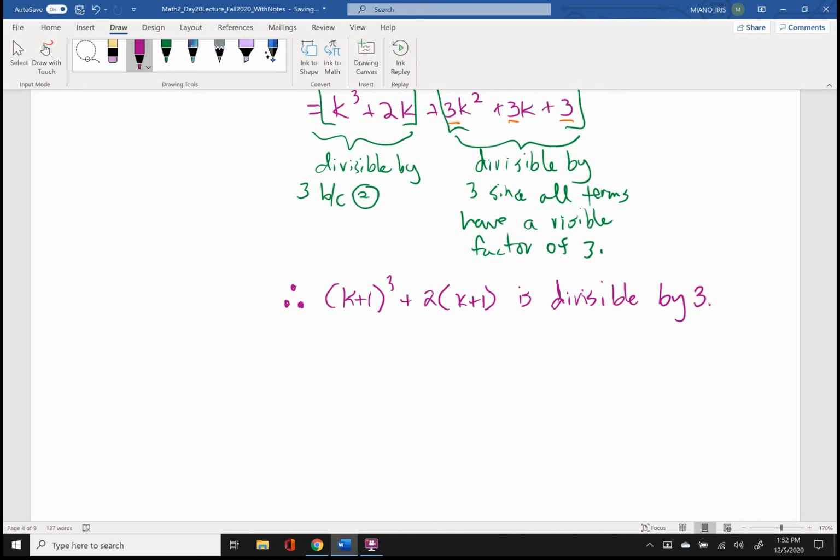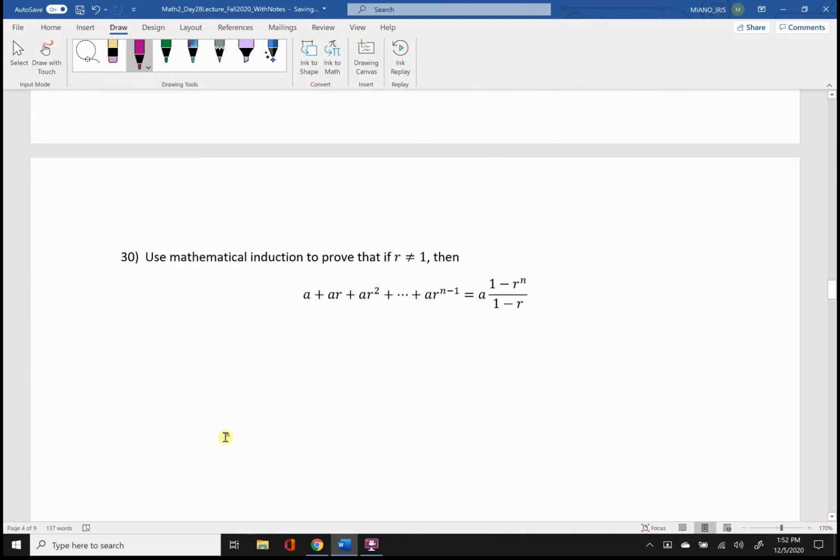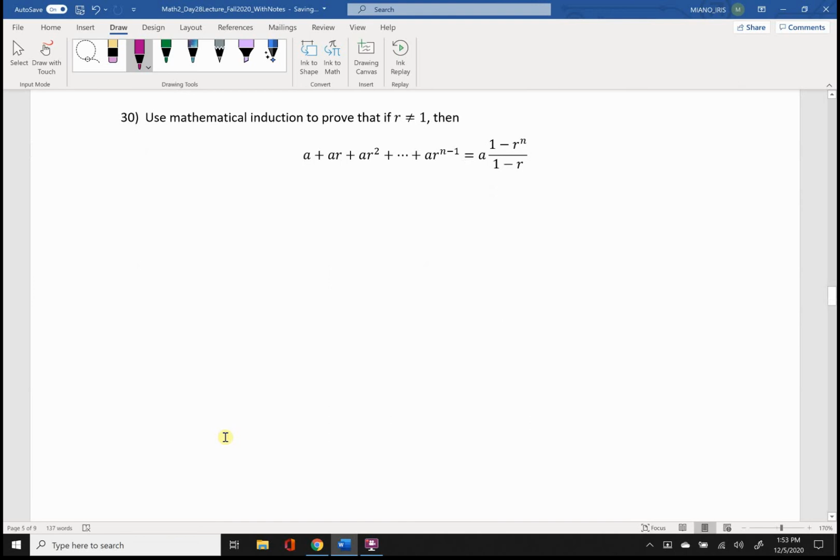Let's do one more, and it's going to be a lot more general, I guess, than some of these other ones because we're going to have lots of unknowns going on, but we're still going to be able to use mathematical induction to prove that the following relationship is true for all n that are natural numbers, for all natural numbers n.